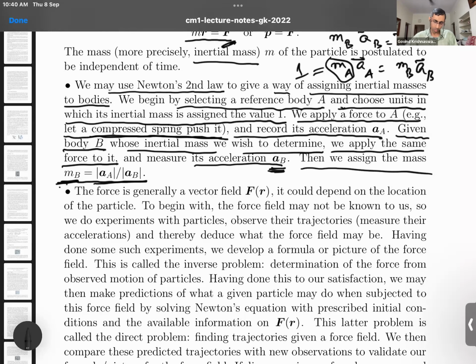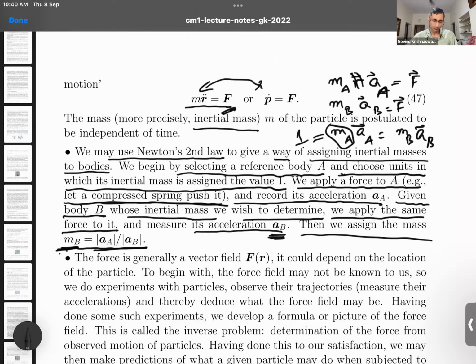Now I must tell you why it is called the inertial mass. The name is coming again from this equation. It is saying that suppose the force is fixed. Suppose you have a fixed force, namely the force exerted by the expansion of a spring. Now, a body with a larger inertial mass will have a lesser acceleration.